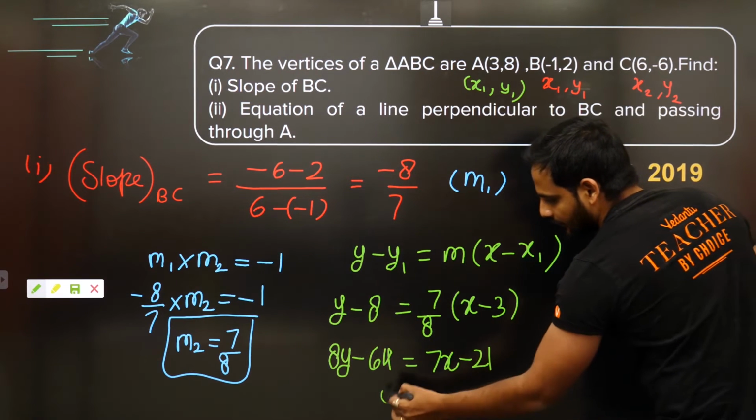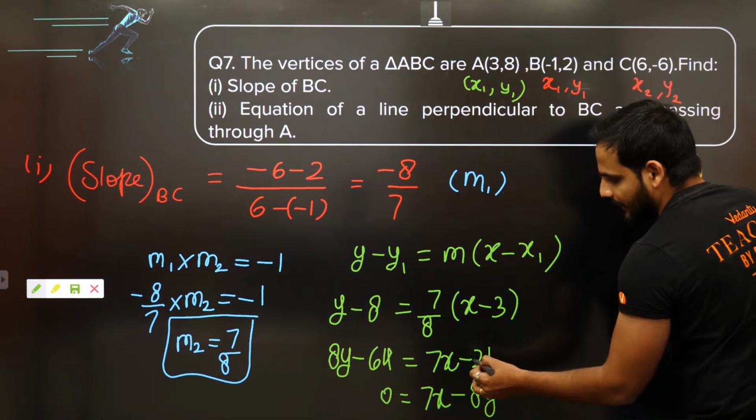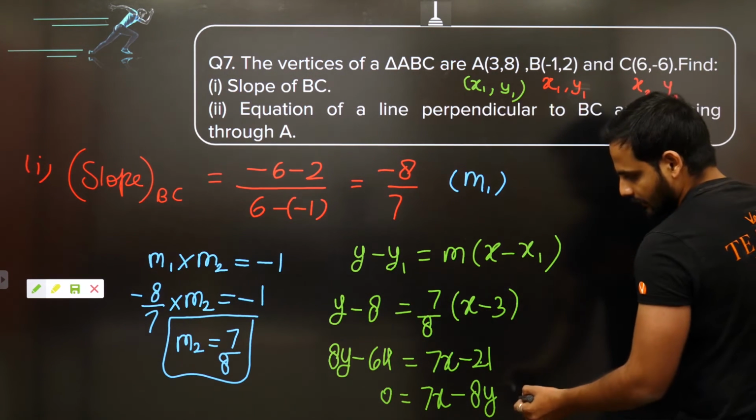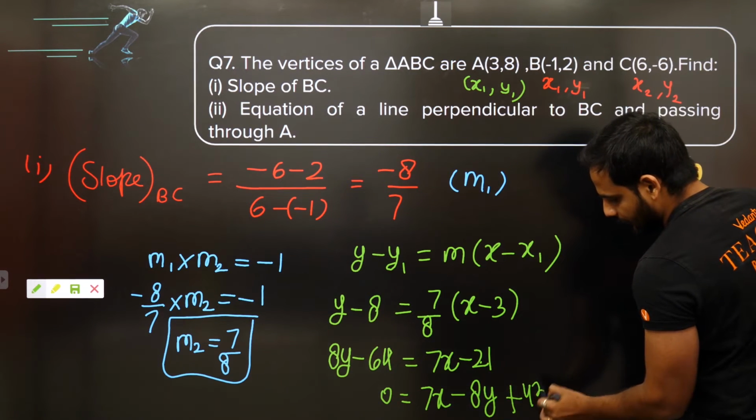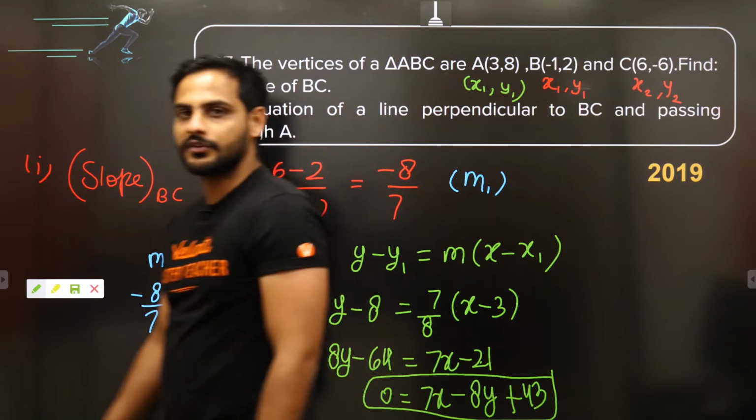Shift everything to this side, so you'll be getting 7x minus 8y, and minus 21 plus 64 will be equal to plus 43. So this is your equation of the line.